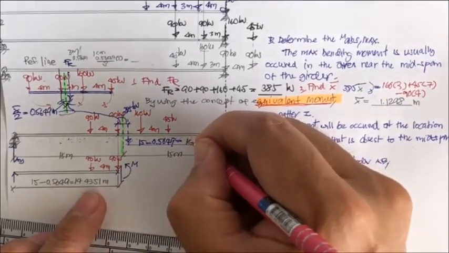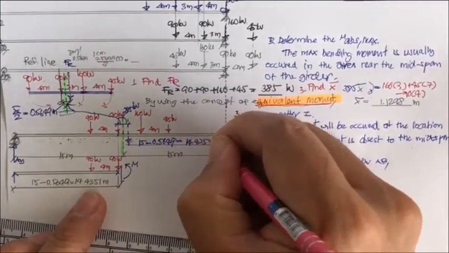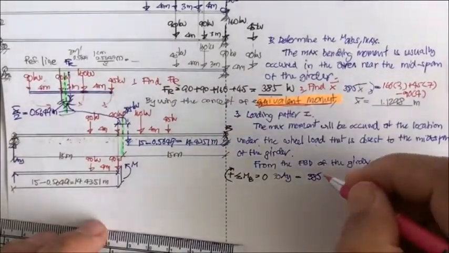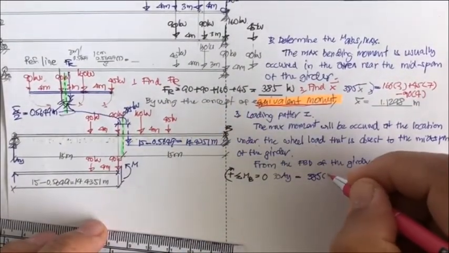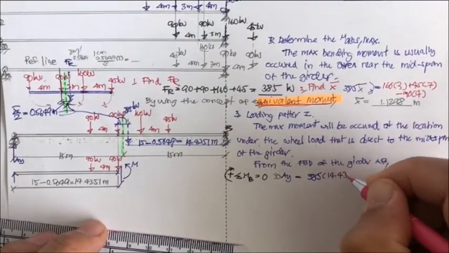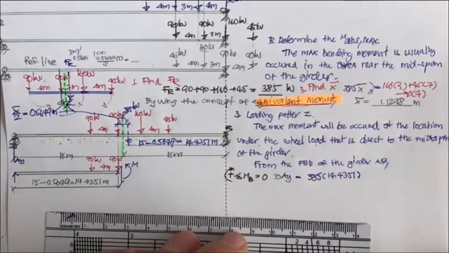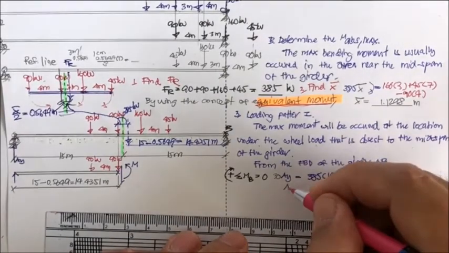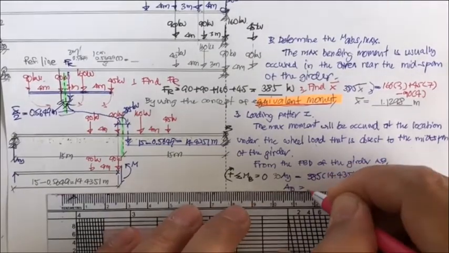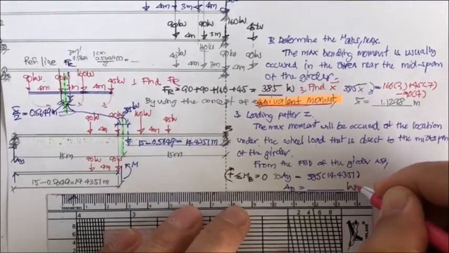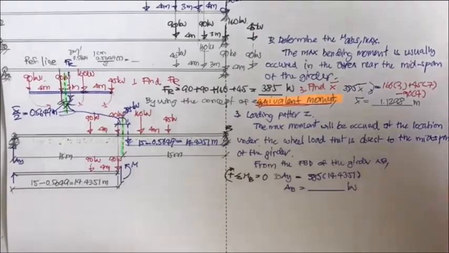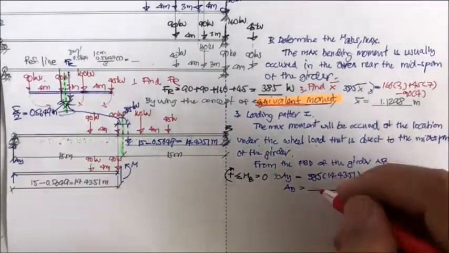That is the same as the previous one. That is 14.4351 meters. So that's going to be times 14.4351, and then you will have the A sub y of, put it into your calculator, 185.25.